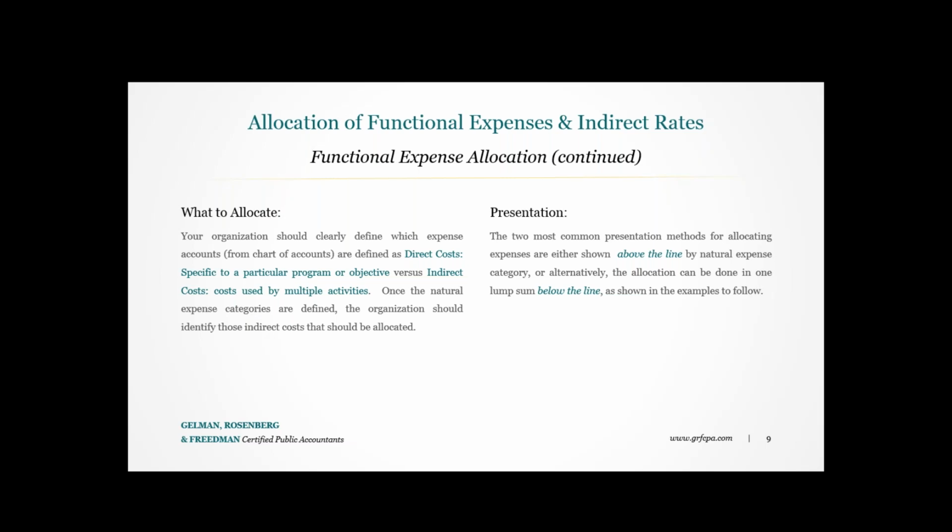What I think is more important than the natural expense definitions are the organization's fundamental core programs. And so if we're looking at a matrix, the rows being those natural expenses, across the top, our columns would be our programs and our supporting services.